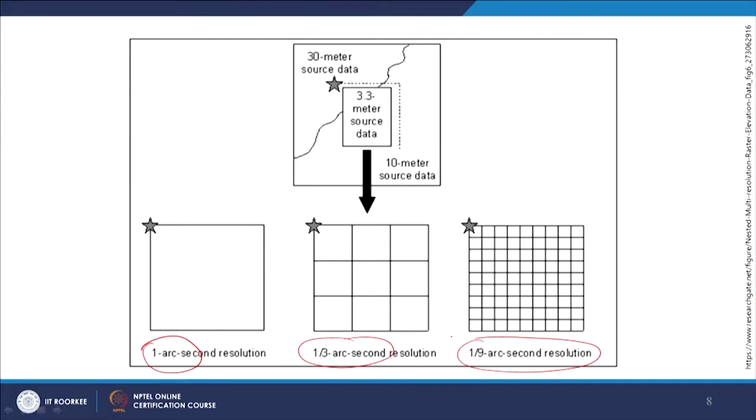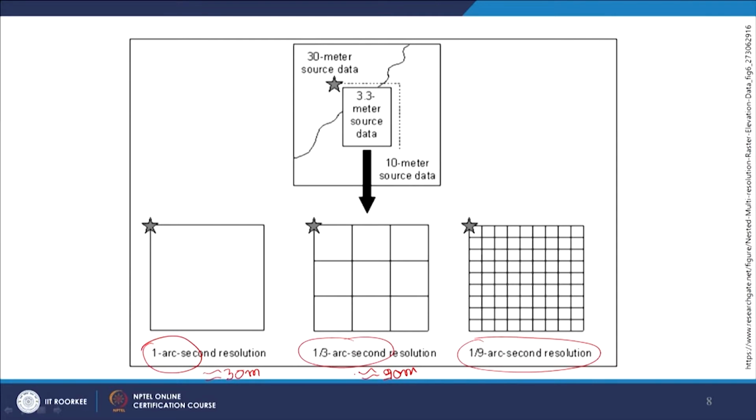A lot of digital elevation model data, DEMs, are available in this terminology. When they say 1 arc second, it basically means roughly 30 meter. And when they say 3 arc seconds, they are talking about roughly 90 meter.